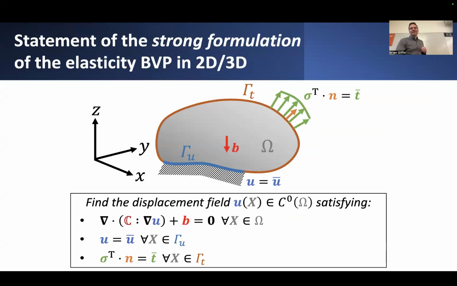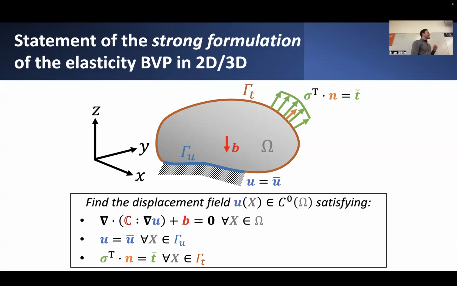All right. Now, given a statement of equilibrium expressed through this governing differential equation, and given these sets of boundary conditions, either on the displacement or on the exterior traction that might act on the boundary of this object, I can now pose formally a boundary value problem expressed in terms of the strong formulation for a 2D or 3D domain.